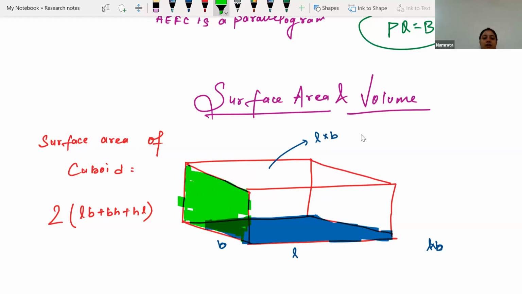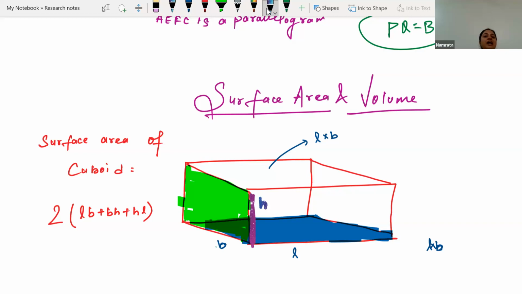this green rectangle, if we focus on the area of this green rectangle, it has one measurement as B, and another measurement of this green rectangle will be the height H, because when we are talking about a solid figure, a three-dimensional figure, it must have height.